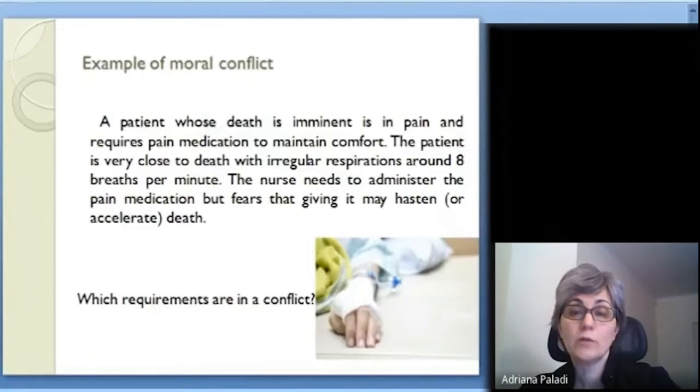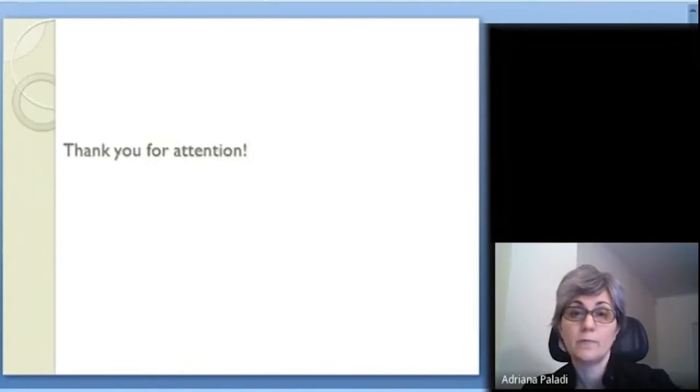And in order to make the right decision, it is necessary to understand what is the best interest of this particular patient, and his or her best interest, of course, is to have a painless dying process. That's why administration of pain medication is the right decision.